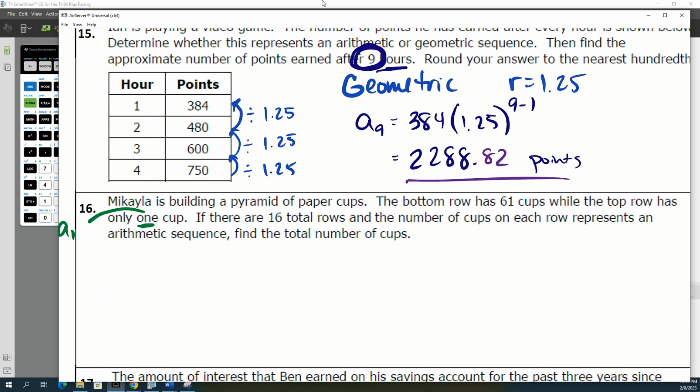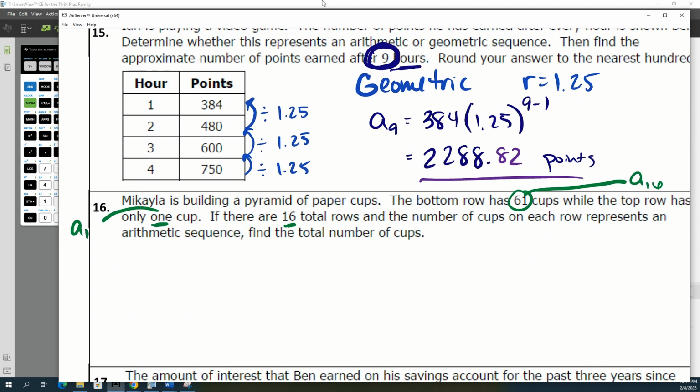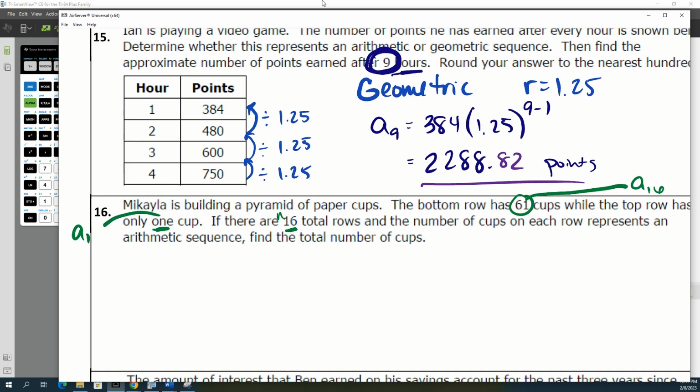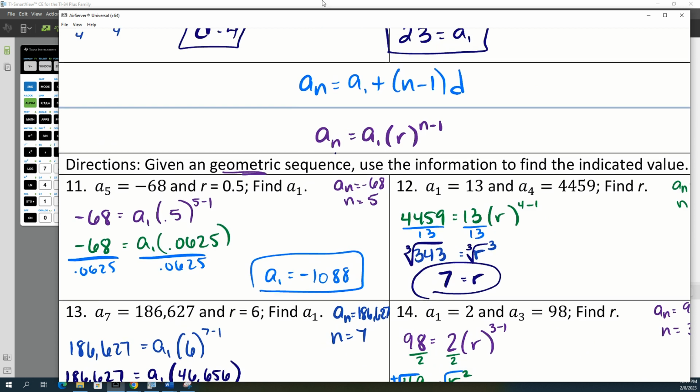The bottom row has 61 cups, and it also tells you there's 16 rows. So that means that A sub 16 is 61. All right, and N is 16. Now what we don't know is D, but we just practiced doing the exact same thing I need to do right here.